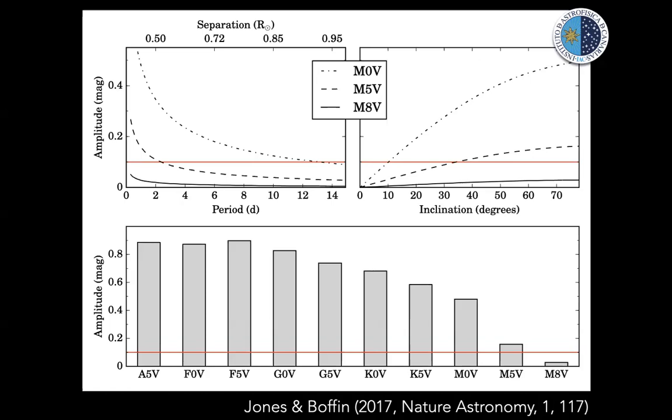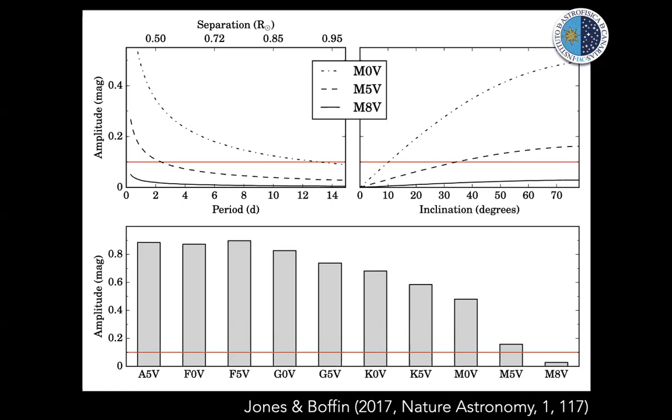And then in terms of the type of companion star, it's less to do with its temperature, because even a quite hot main sequence star is still nowhere near the same temperature as a pre-white dwarf or white dwarf. It's more to do with the physical size. So at the same separation, an earlier type or more massive main sequence star is much larger, so intercepts much more irradiation, and so we see a much larger effect.